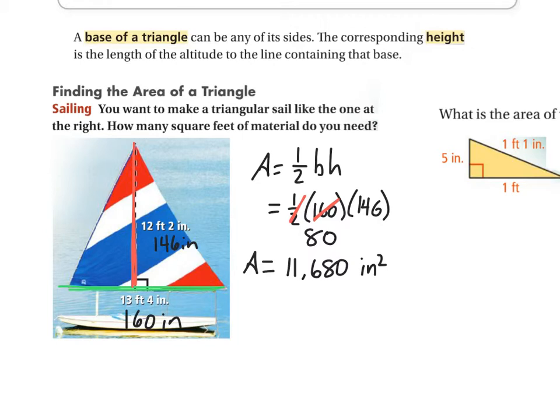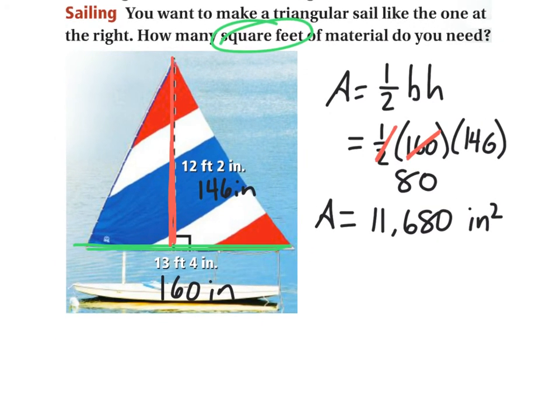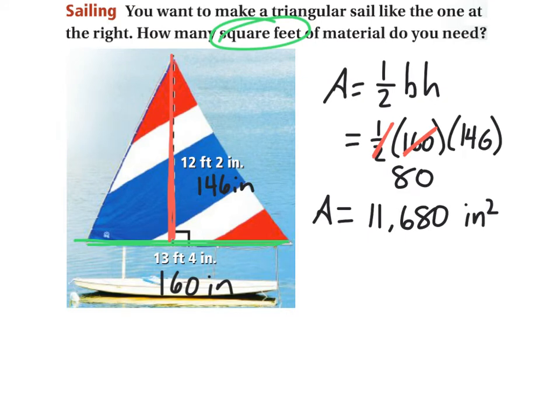We need to convert that into square feet of material, because that's what they asked us for. So here's going back to that unit analysis. We've got to figure out how to change things into square inches. Well, first off, we've got to know how many square inches are in a square foot. So if I think of a square foot, this is 1 foot by 1 foot.